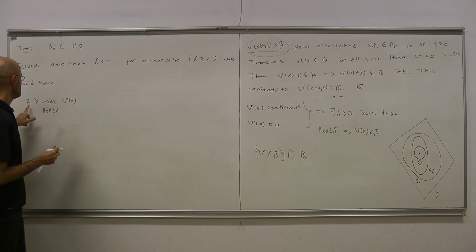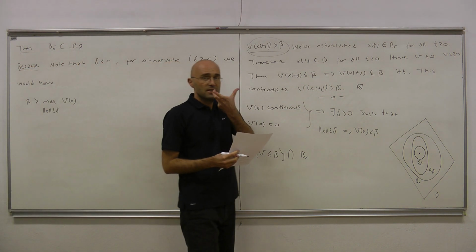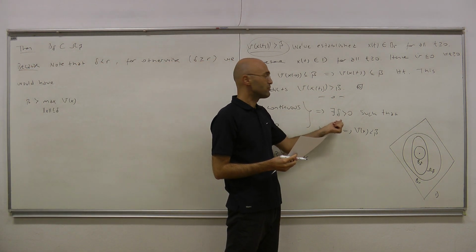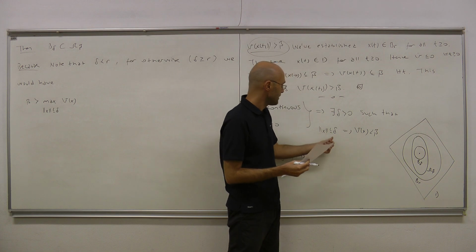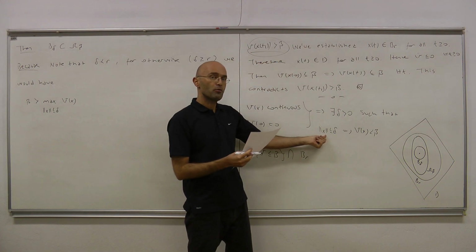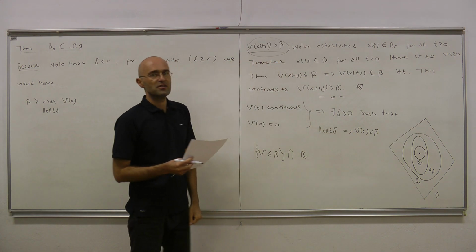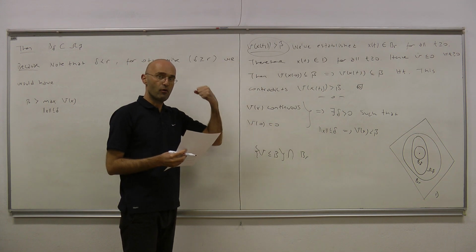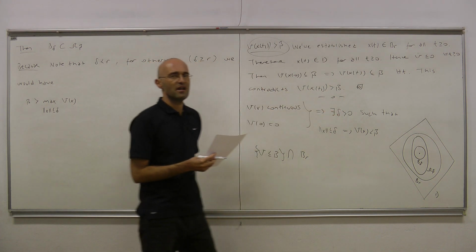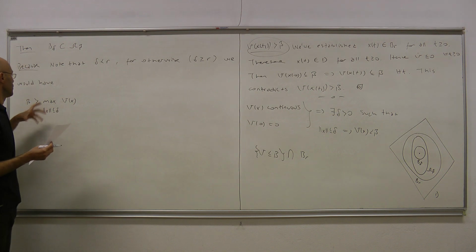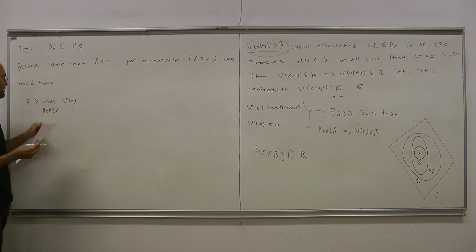Now this is, in a sense, the definition of delta. We have chosen delta so that as long as the norm is less than or equal to delta, then V of x is less than or equal to beta. Beta was there first, then before that beta we choose the delta. So this follows from the definition of delta.